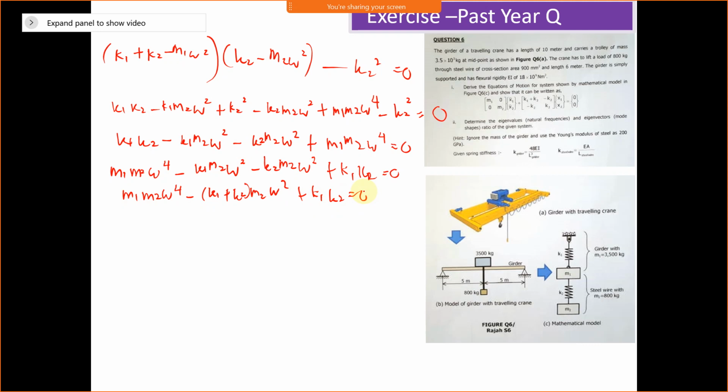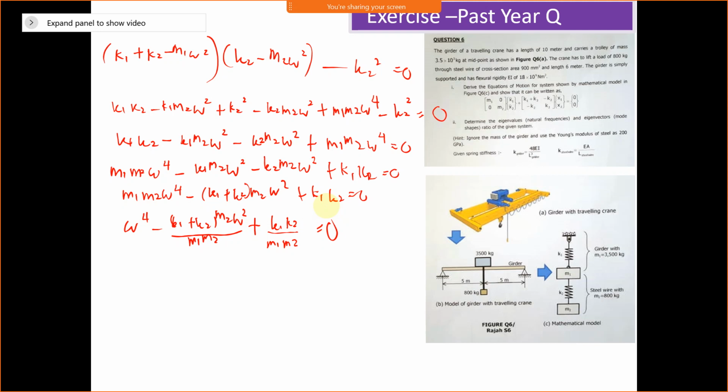Then from them we'll get omega to the power 4 minus K1 plus K2 M2 omega square over M1 M2 plus K1 K2 over M1 M2 equals to 0.